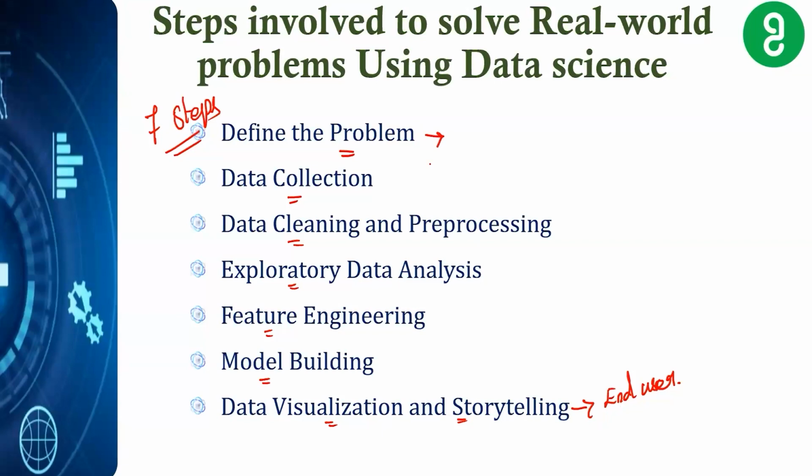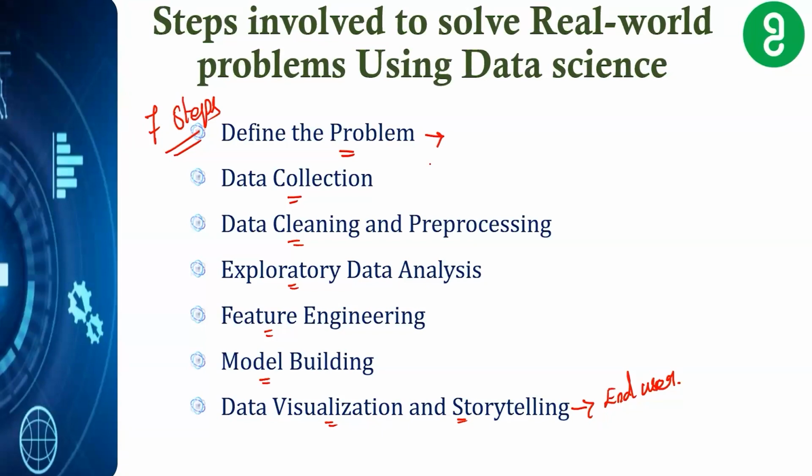Okay, so if I give one problem statement or use case, then what you have to do is clearly understand the problem statement, and then come up with the proper objective from it. That is your first step, defining the problem. You have to clearly define the problem you want to solve.